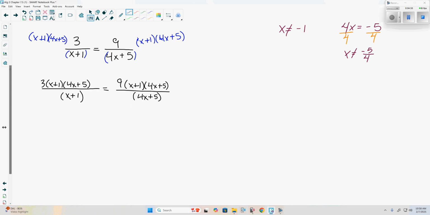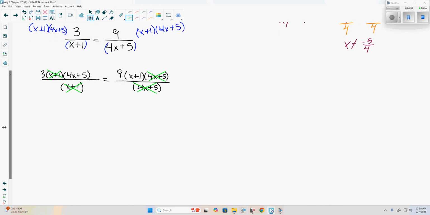So we want to multiply every term by this least common denominator. And now that we've multiplied every term by it, let's see what simplifies. On the left-hand side, the x plus 1 and x plus 1 are going to cancel. On the right-hand side, the 4x plus 5 and 4x plus 5 are going to cancel.